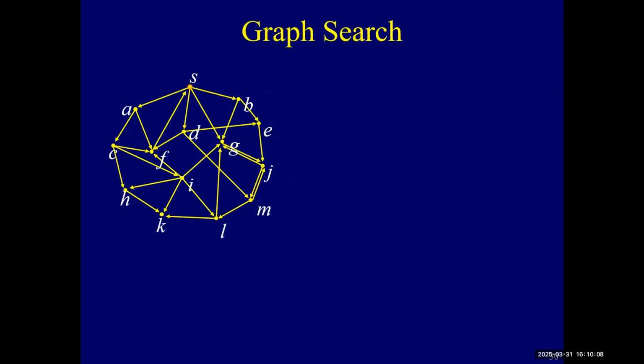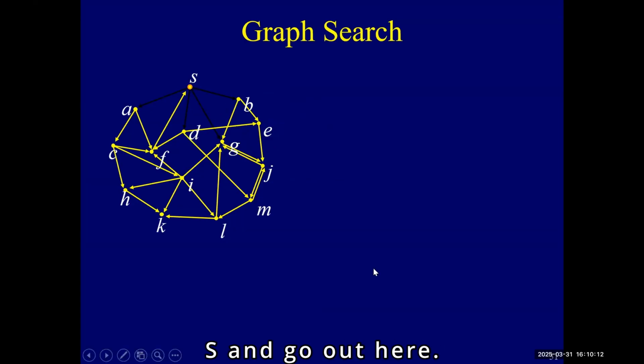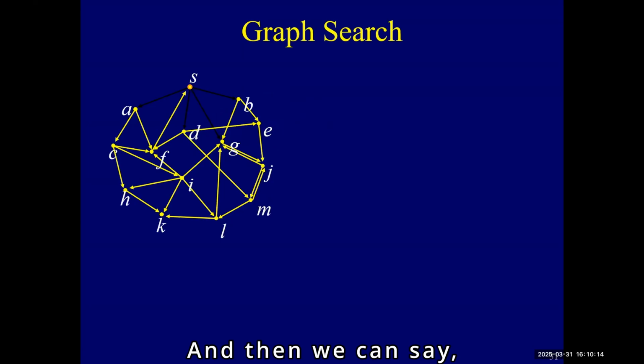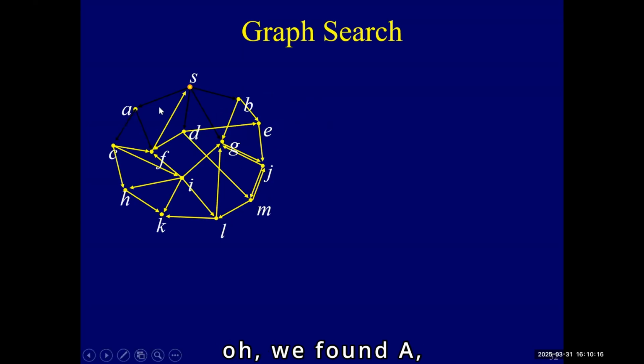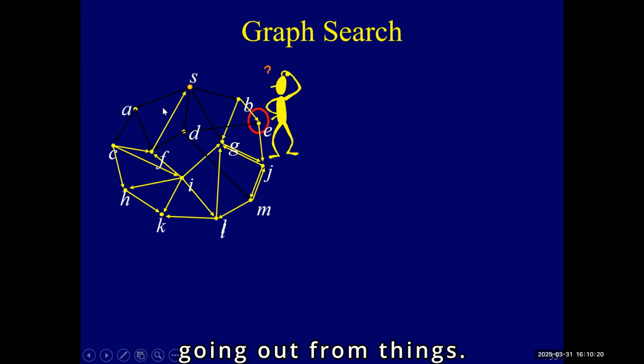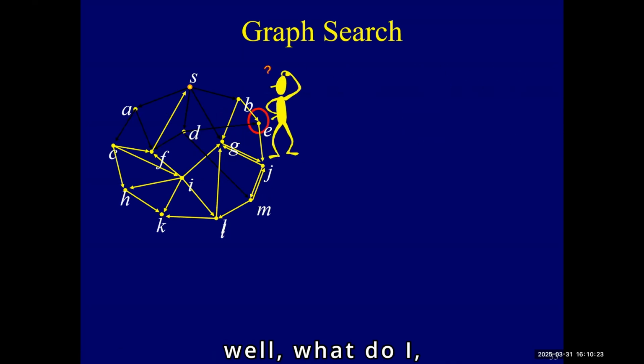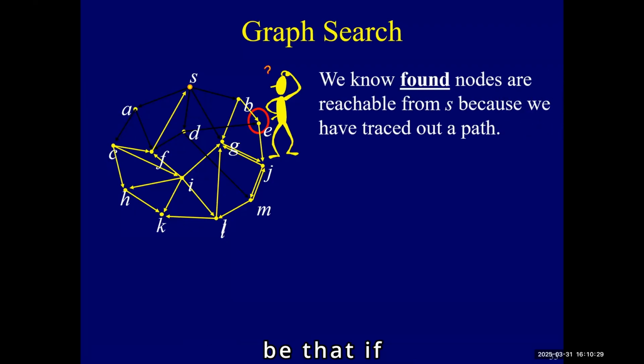So here, what you can do is start at S and go out, and then we say, oh, we found A, so you can go out from A, and you can keep going out from things. And now we're defining our invariants. Our invariants might be that all nodes are either found or not, and if they're found, we've either handled them or not.